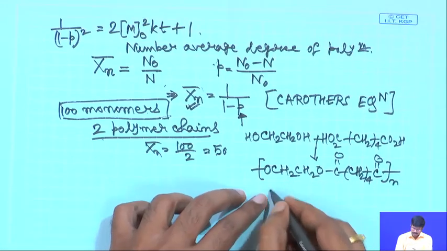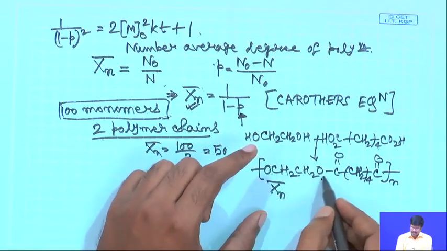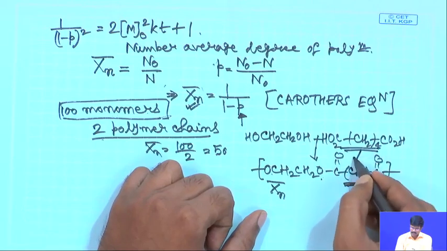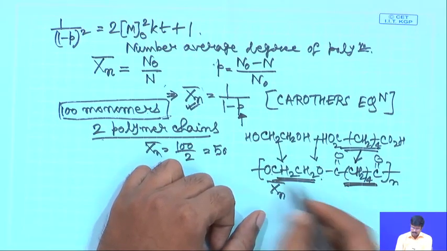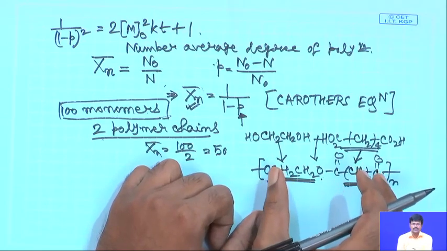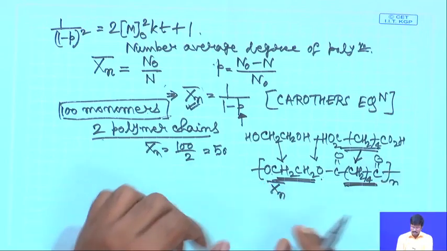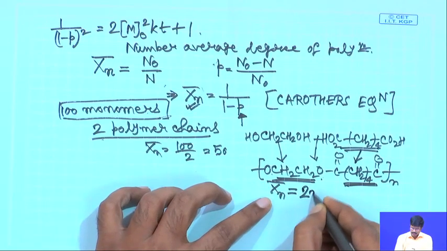Now, here what is the value of Xn? Each repeat unit actually contains 2 structural units. This is a structural unit donated by one monomer, and this is another structural unit donated by the other monomer. So, each repeat unit contains 2 structural units. You have a total of n repeat units, so your average degree of polymerization is nothing but 2n.